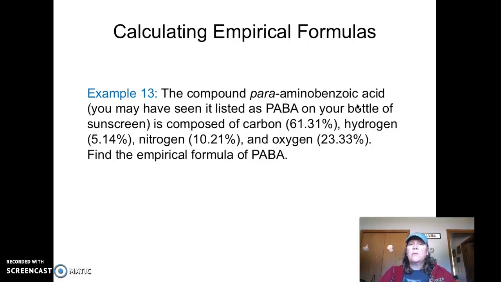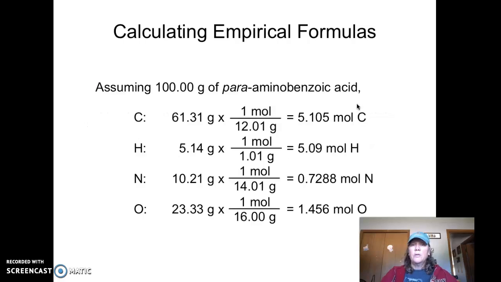Anyway, it's composed of 61.31% carbon, 5.14% hydrogen, 10.21% nitrogen, and 23.33% oxygen. What's its formula? Okay, so this is how we solve for it. We take that carbon amount. It can either be grams or percent, you guys. It doesn't matter. You'll solve them exactly the same way.